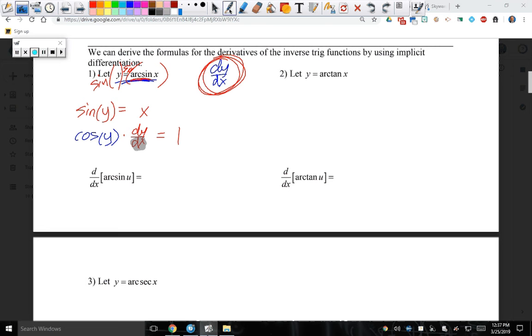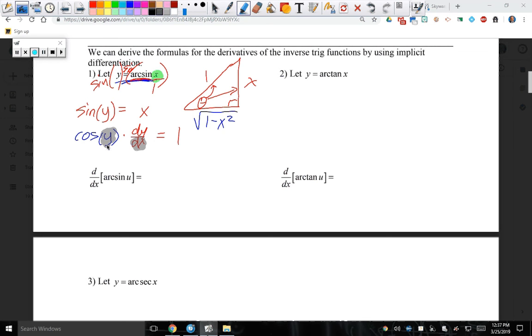So again, you can't solve this per se without drawing this reference triangle and knowing that sine of arc sine of x is like x over 1. The opposite is x, the hypotenuse is 1, so my missing side is the square root of c squared minus b squared. And from here, what is the cosine of y?